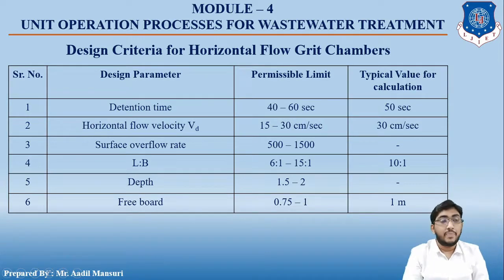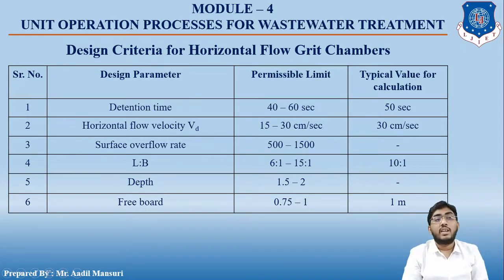and the typical value you can go for is 50 seconds. Next is the horizontal flow velocity, which is Vd, and the permissible limit is between 15 and 30 centimeter per second, and typical value you can go for is 30 centimeter per second. Next is the surface overflow rate. So the permissible limit is in between 500 and 1500 meter cube per meter square per day.